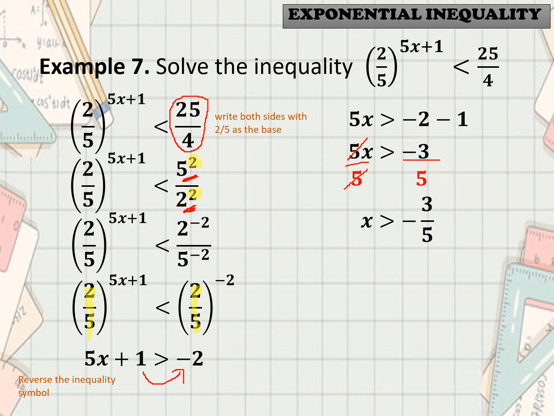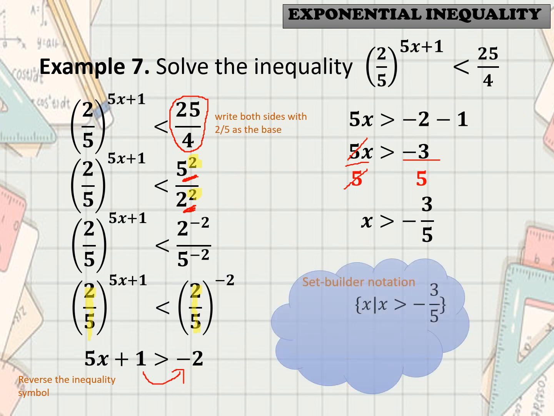So, x is greater than negative 3 over 5. Okay, so ang ating solution for this inequality is, sa set builder notation, we have the set of all x's such that x is greater than negative 3 over 5. Then sa interval notation naman, we have negative 3 over 5 to positive infinity.